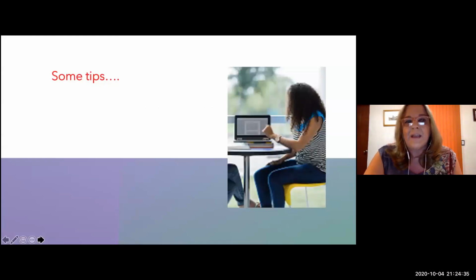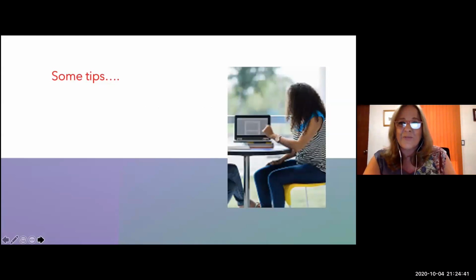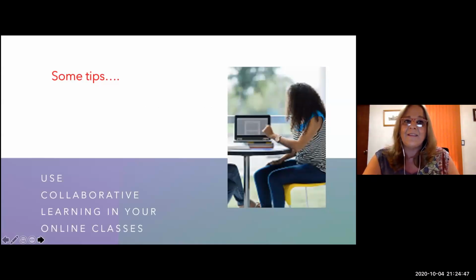Now, here come some of the tips. The first one is for all those teachers, I think most of the teachers now, who are dealing with online learning, online teaching, and the tip is, do use collaborative learning in your classes. We know that when we teach online, we shouldn't focus only on the use of technology, that is a detail, but mostly on the pedagogy.